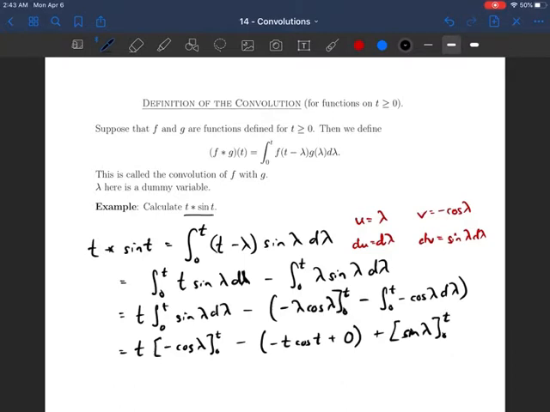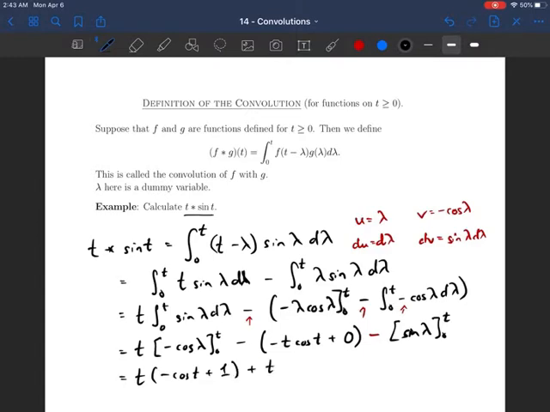And then over here we have plus, our antiderivative is sine lambda, going from 0 to t. Okay, have I got my signs right there? Oh, sorry, no, it's a minus sign here. Right, because we have 1, 2, 3 minus signs. So we get a minus sign right in there.